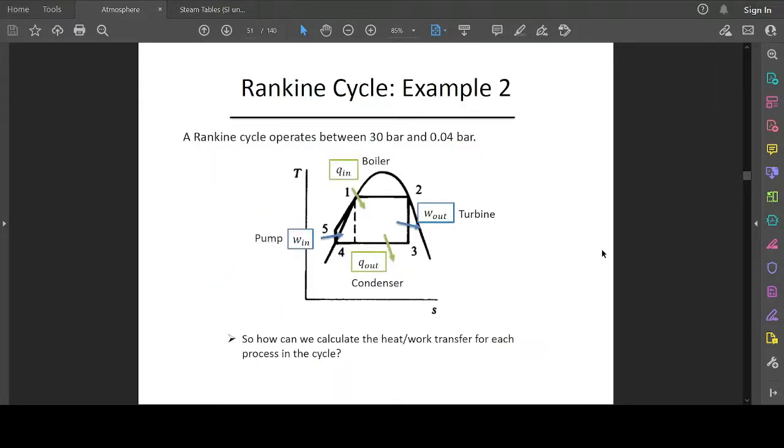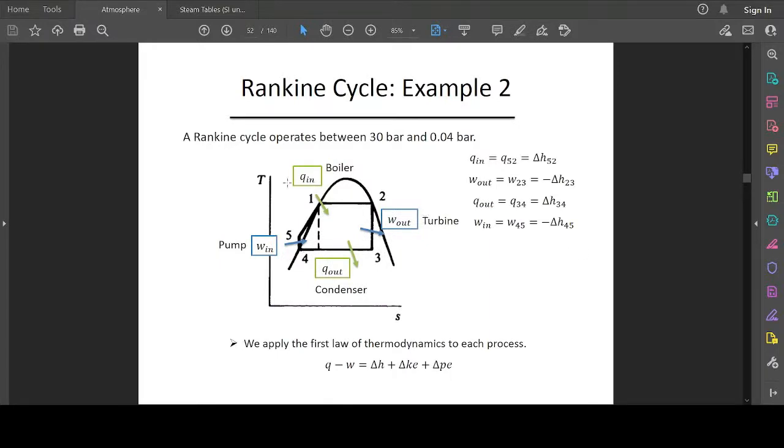So the Rankine cycle operates between 30 bar and 0.04 bar. Now we know the high temperature region and the low temperature region. So how can we calculate the heat and work transfer for each process in the cycle?